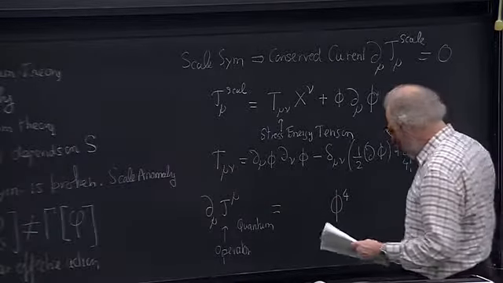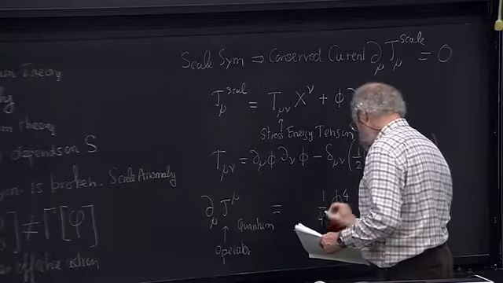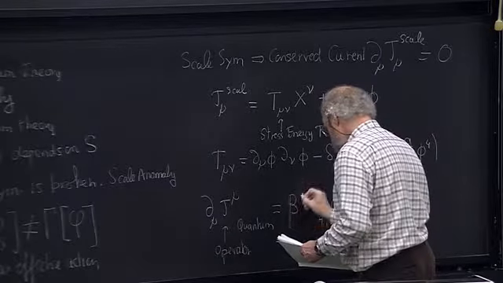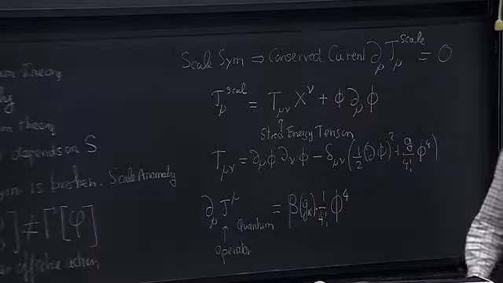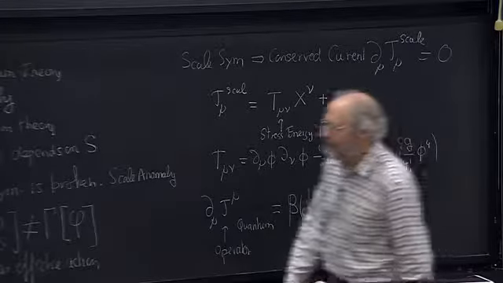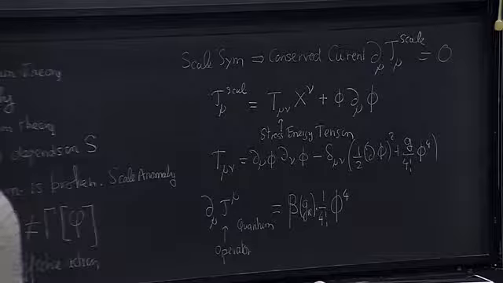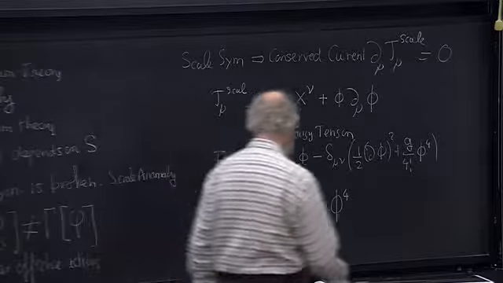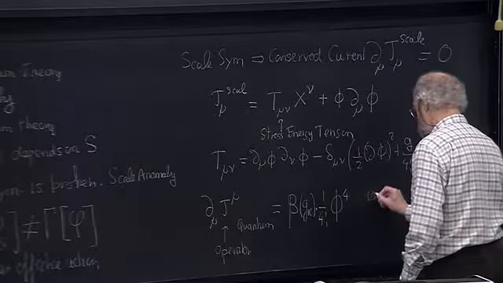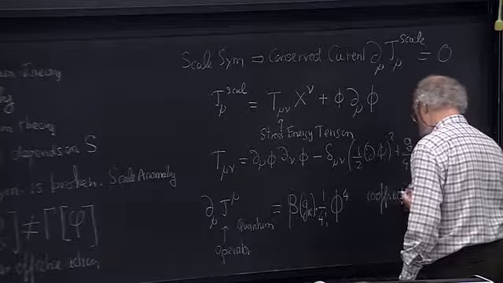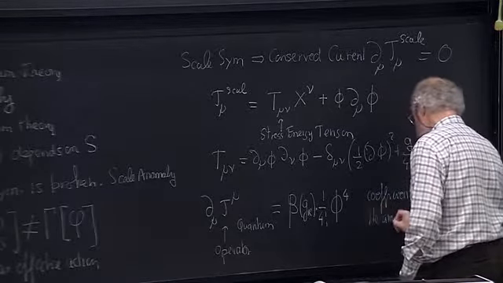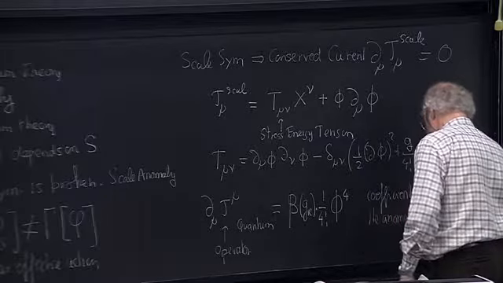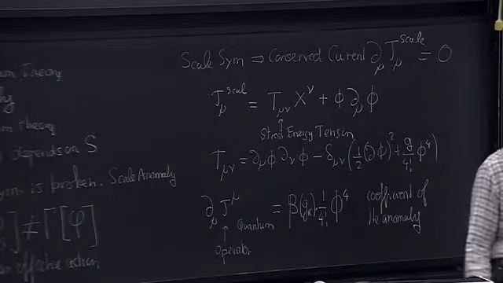And if you do the calculation, you find that this is precisely the beta function of g renormalized. So the beta function of the renormalized coupling appears as the coefficient of the anomaly. Okay?